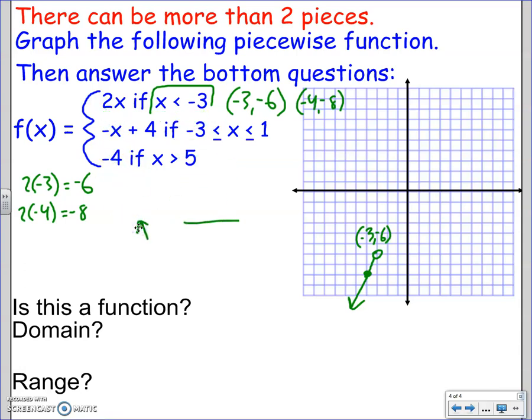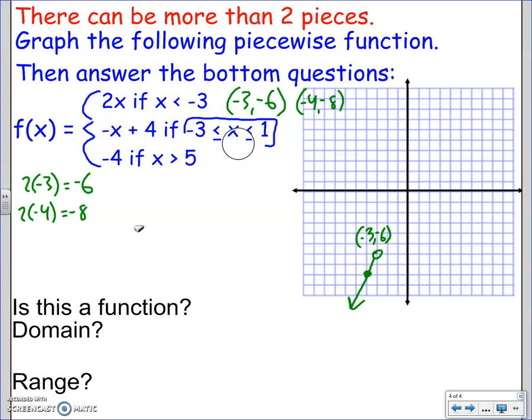I'm going to do the second piece now. So now I'm on this middle one. It says look at this line right here and use it, if x is between -3 and 1. Well, that gives us 2 endpoints. We need to be at that point and this point. So I'm going to plug in -3 and +1 into the equation.